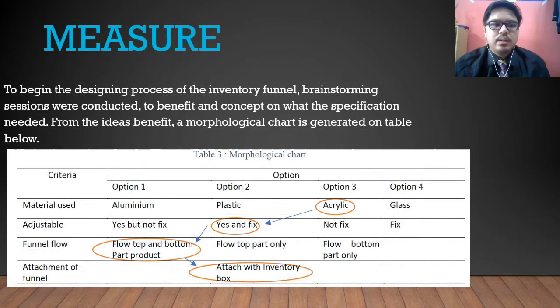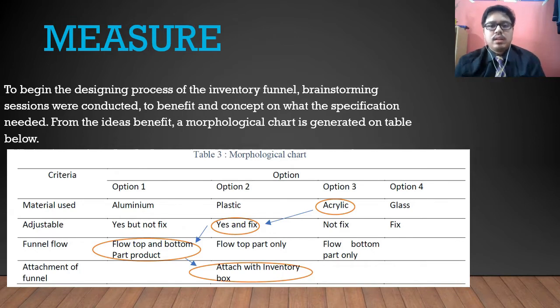The next is measure. To begin the designing process of the inventory funnel, brainstorming sessions were conducted to gather concepts on what specifications were needed. From the ideas gathered, a morphological chart is generated in the table below.